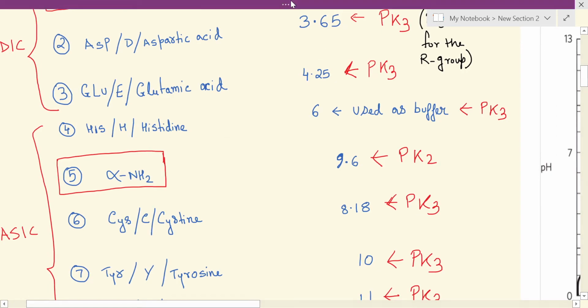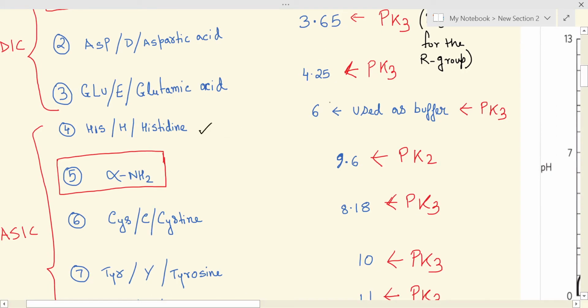Histidine has a pK3 value of 6, which is very close to the neutral pH, that is 7, and therefore histidine is used as a buffer.